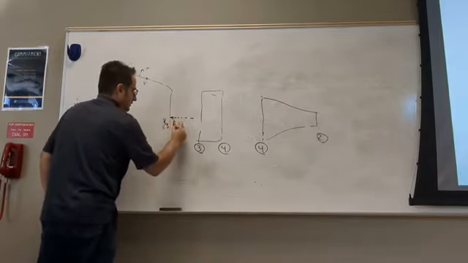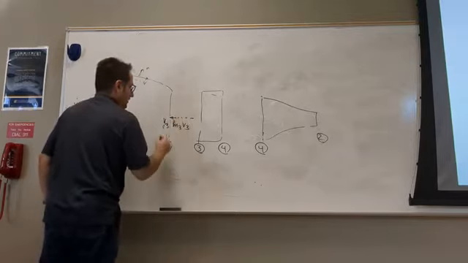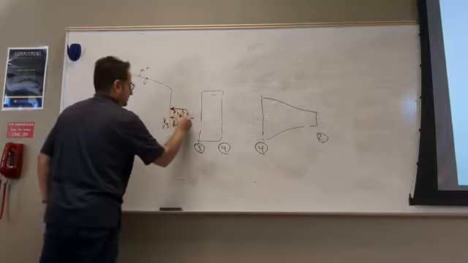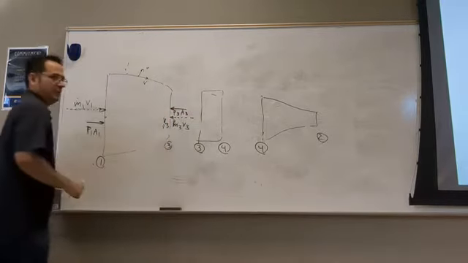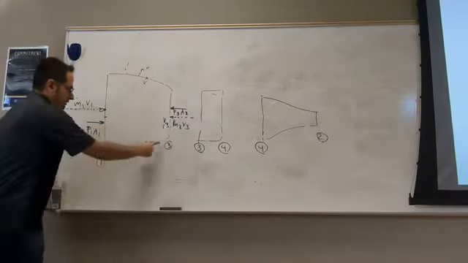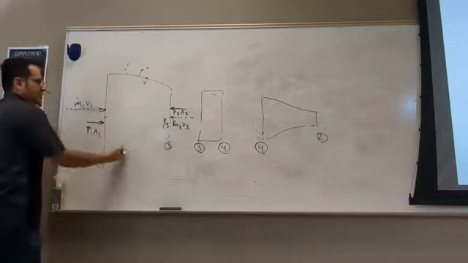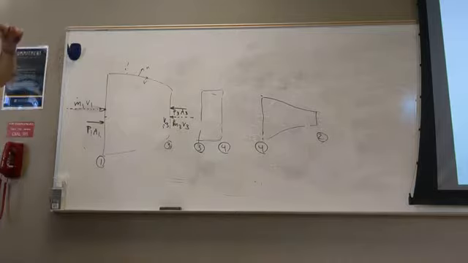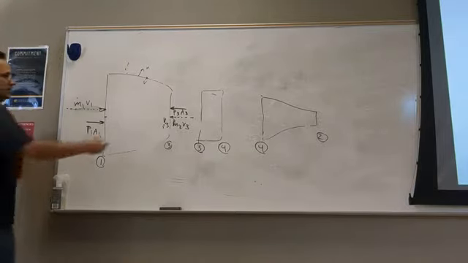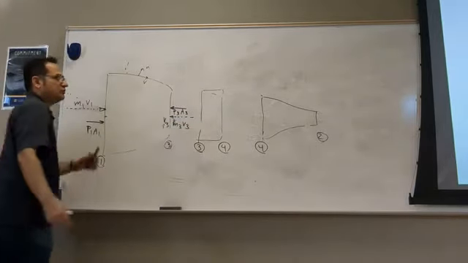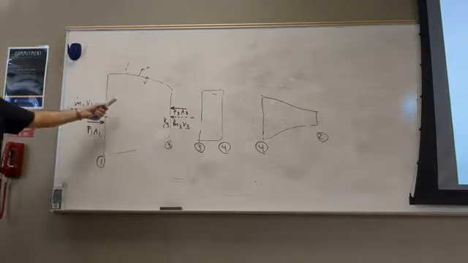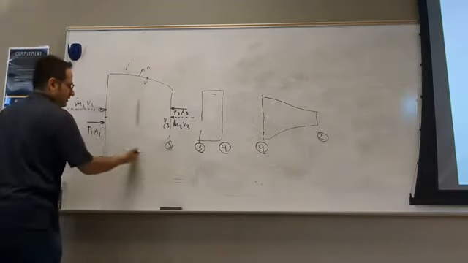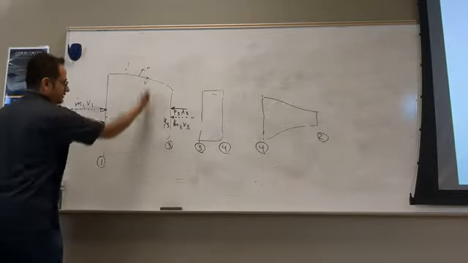M dot 3, V3. What about pressure? P3, A3. And then you come here, there is no external load. Body force, well, you say this is air. If you have a huge propeller inside the sea, in water, yes, you will get a body force, which will cancel out the hydrostatic pressure at bottom and top.